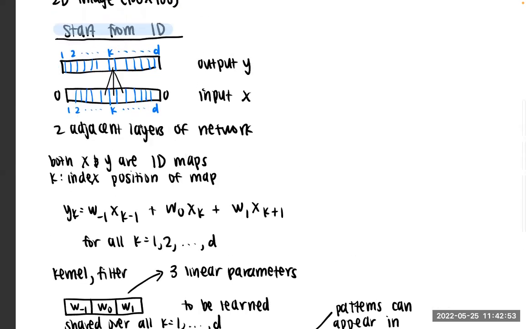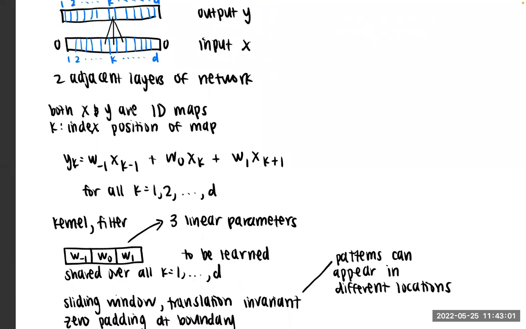Okay, so therefore we can see that this type of convolution operation actually greatly reduces the number of parameters in this neural network by taking advantage of this shift invariant property of the image or 1D map.